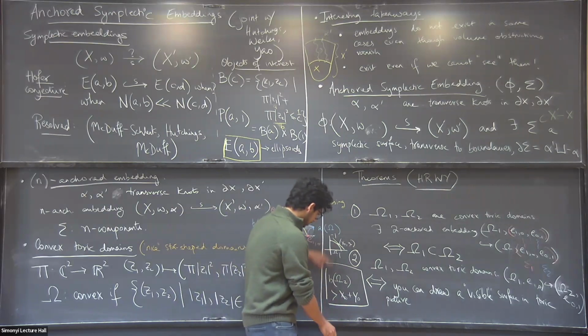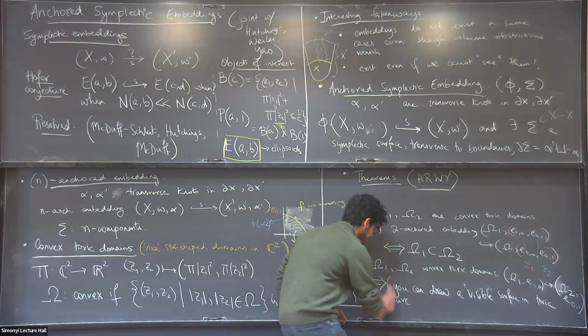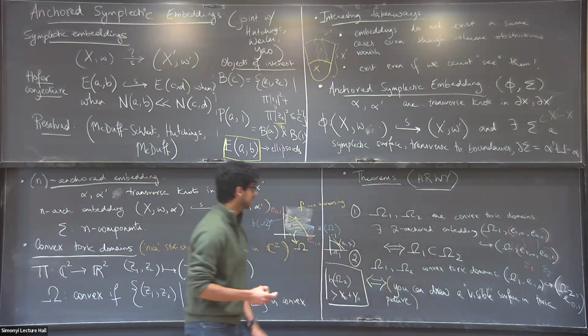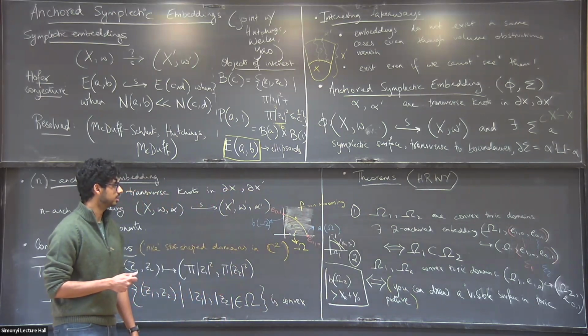And that's the same condition that you can draw a visible surface in the toric picture.